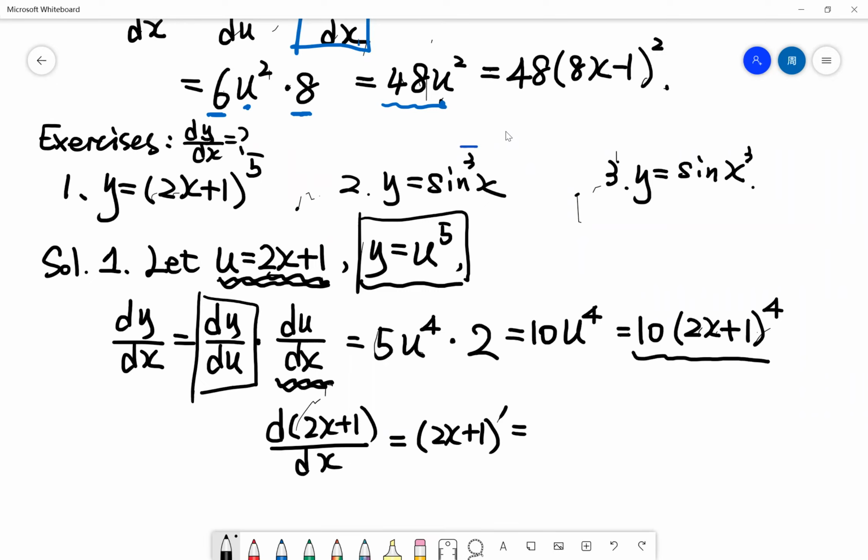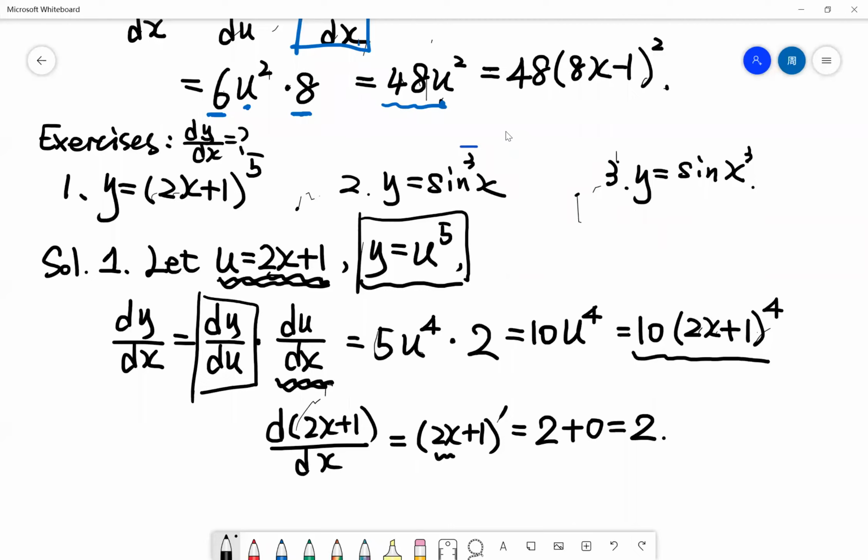We calculate part by part. The first part, 2x prime, equals 2, and 1 prime equals 0. So that equals 2. Got it, thank you. Any other questions?